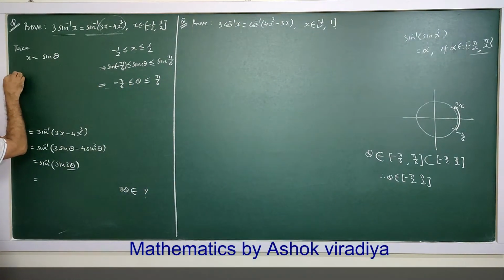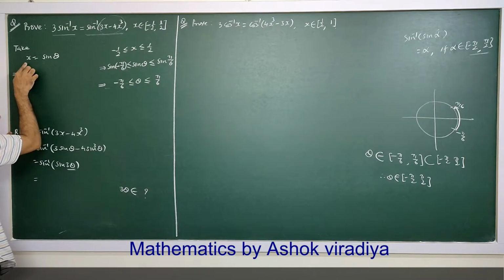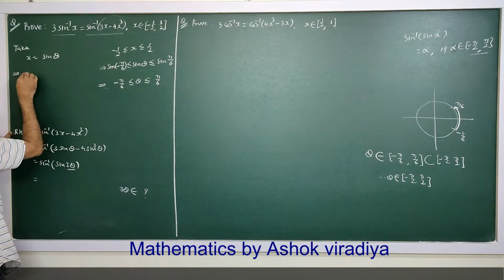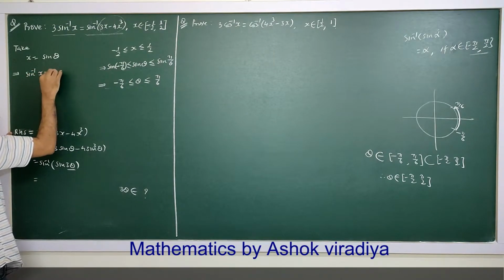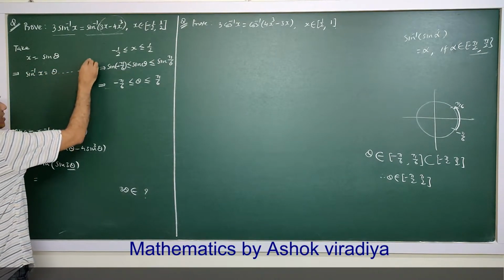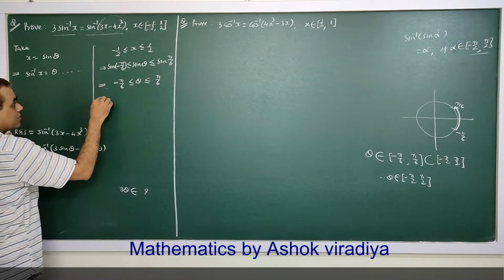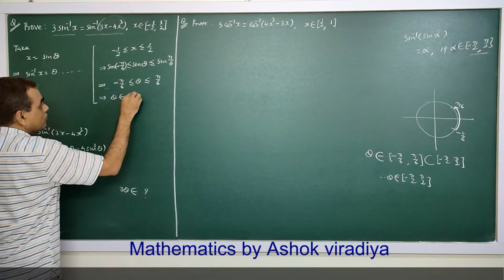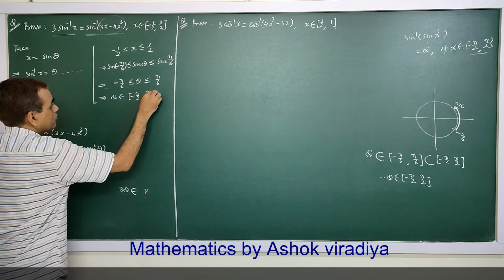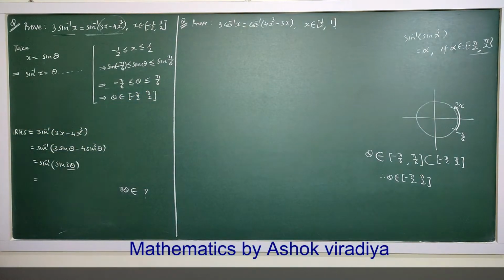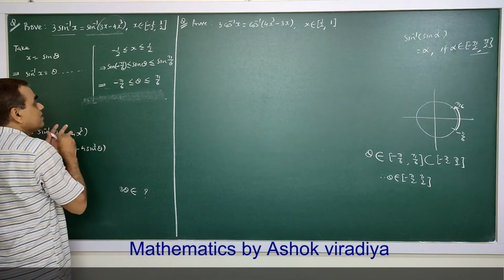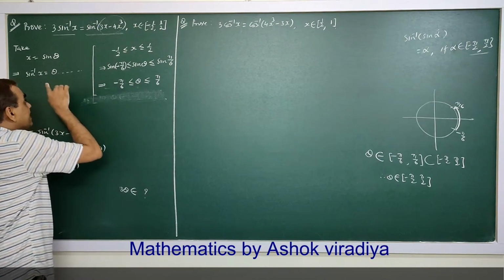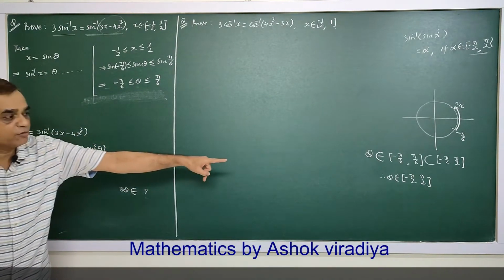Therefore from this step, sine inverse x equal to theta is allowed, because theta belongs to minus pi by 2 to pi by 2. So here this was allowed. Here there is no need to show this last step. It is understood because it is already contained in the domain of sine that I have shown here.